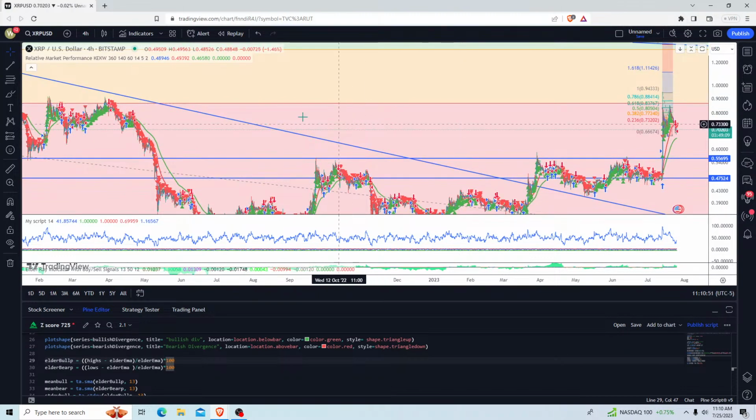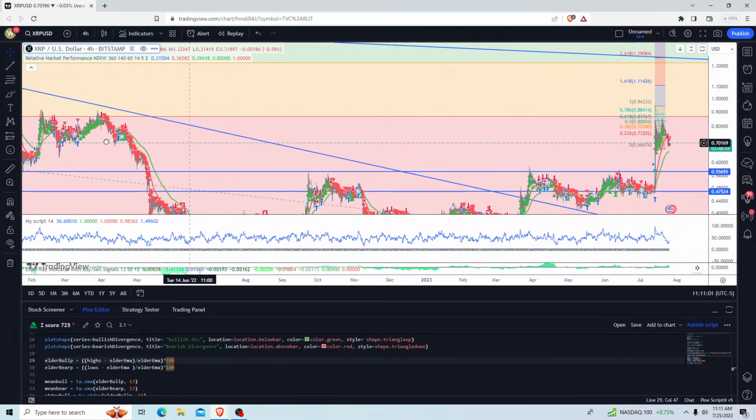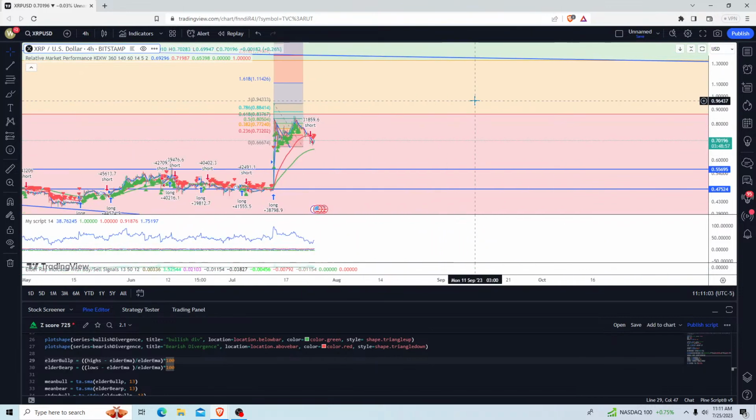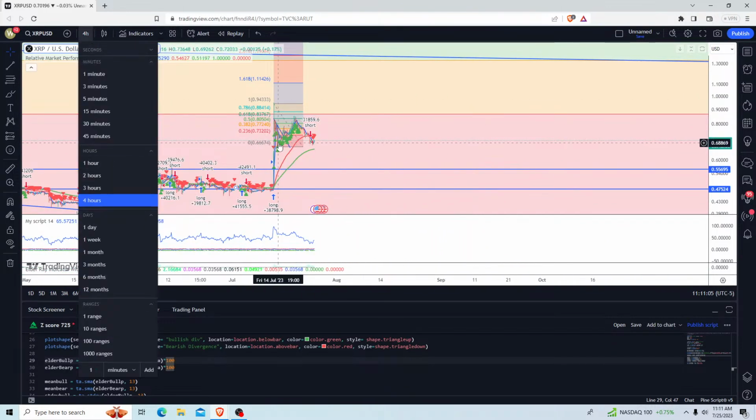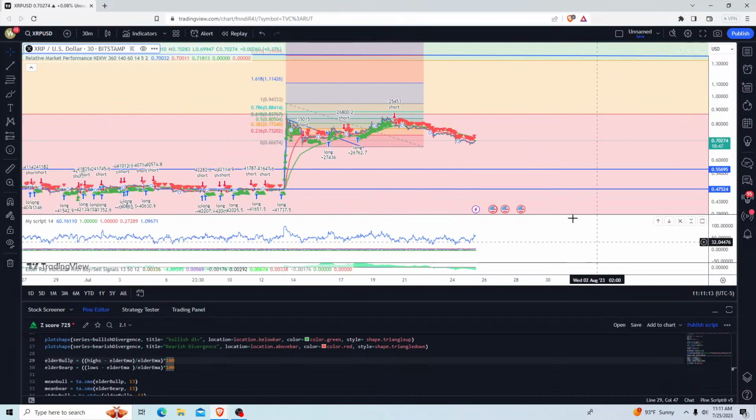We can easily come back and retest that area, or this area, 70 cents. If we hold right here at 70 cents, we can just keep going back up, retest the top, and then maybe break it. Or not break it, but at least come back and retest it.